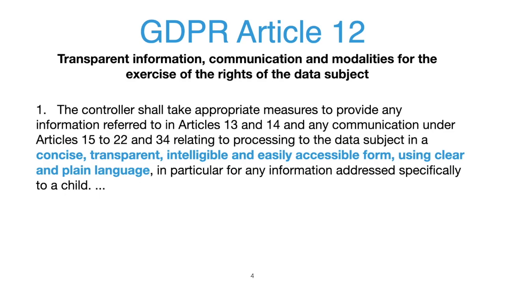So that's quite a shopping list of requirements there. And I think it's fair to say that a lot of the communications that data subjects receive from data controllers fall short in this department.